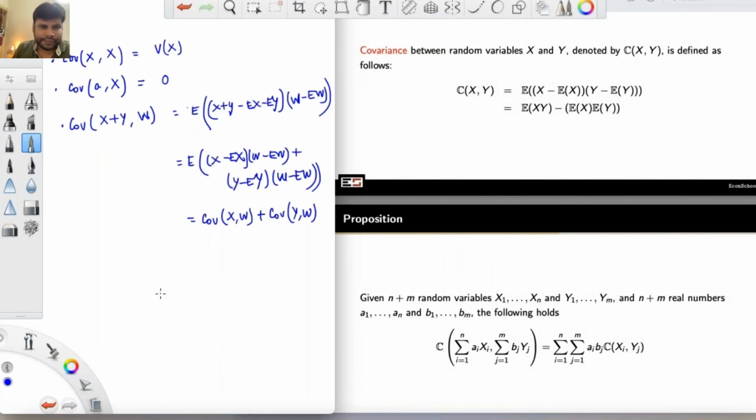Is that clear? Another thing is that the covariance of aX and Y, if you apply the formula, a will come out of each term, so you get a times the covariance of XY. Is that okay?